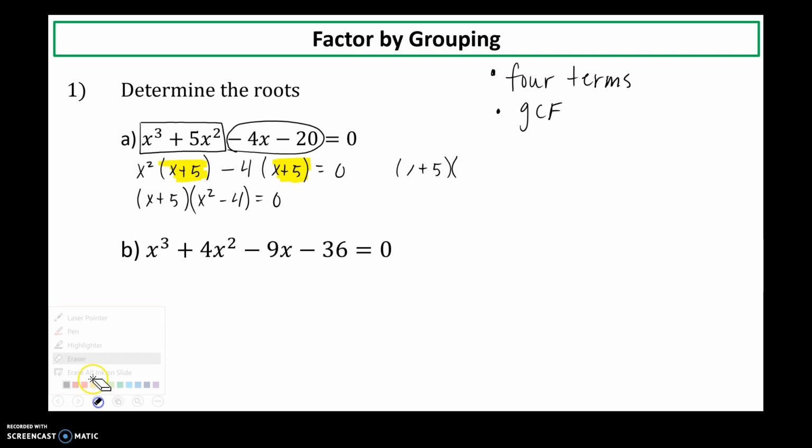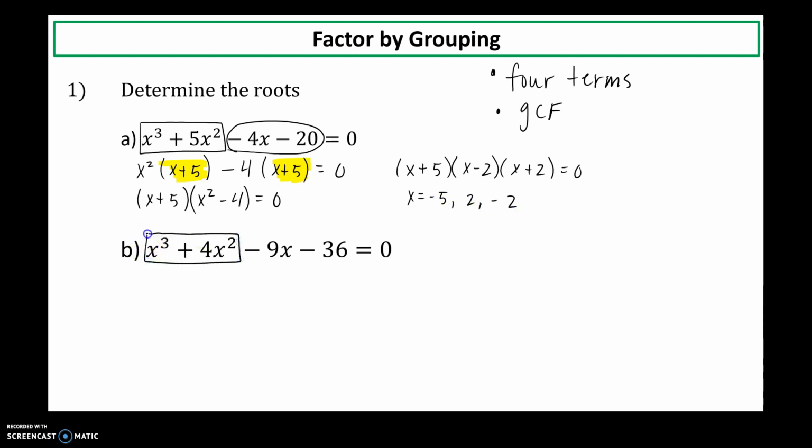X plus 5, and then my second binomial is the difference of perfect squares, so that would factor to x minus 2 times x plus 2. And now my zeros are easy: negative 5, positive 2, negative 2. So you do this one on your own. Factor completely and then solve it.